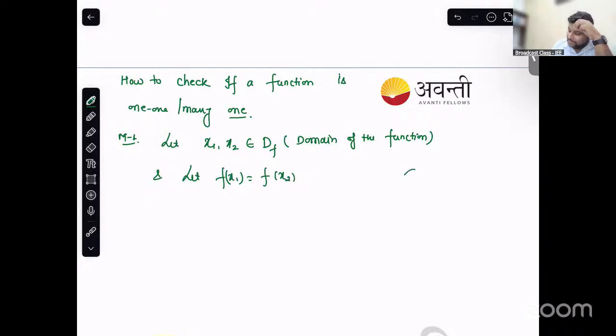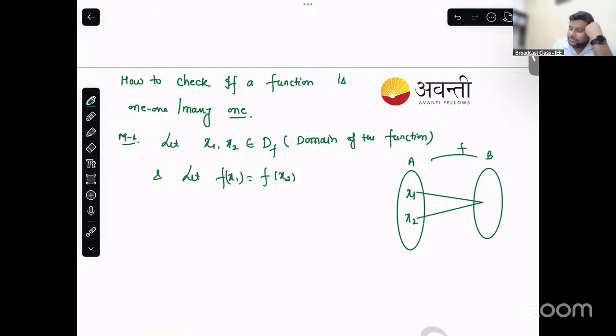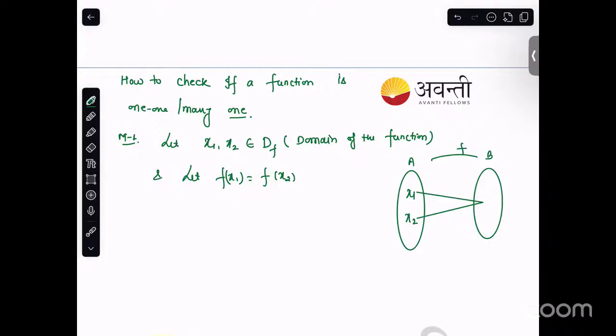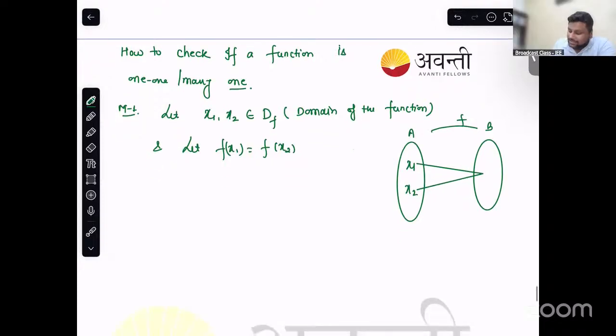So it is like in the domain, there are two elements x1 and x2 which are having same images. That means you assume function is what? Tell me. Many-one. You started assuming that function is many-one.